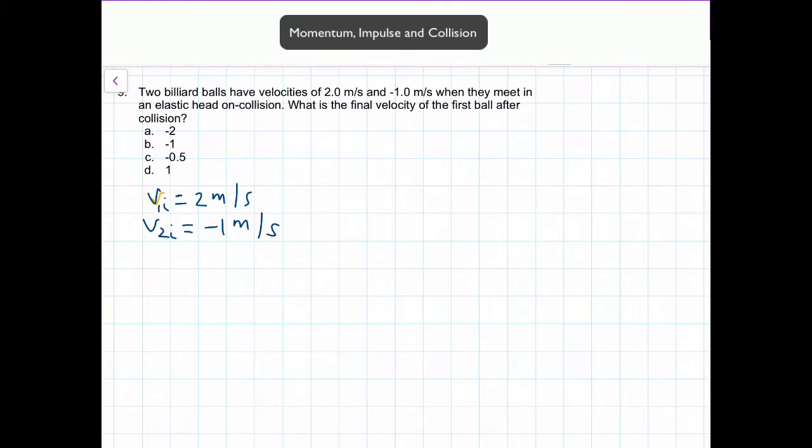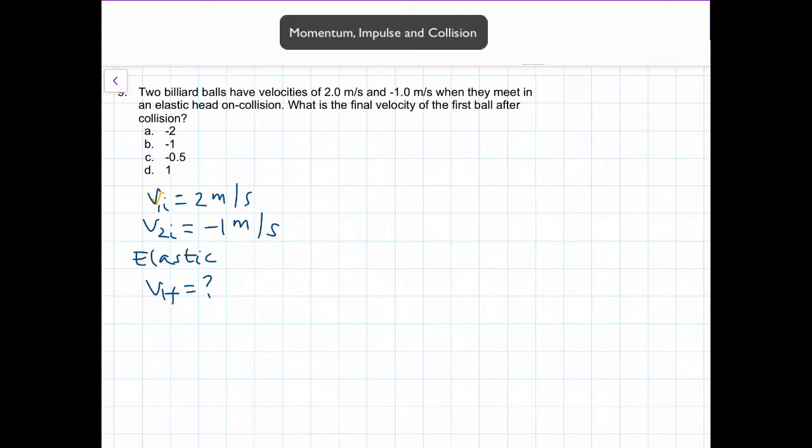When they meet in an elastic head-on collision, the problem states the collision is elastic. Then what is the final velocity of the first ball? v2 final equals actually 1. V1 final equals what?